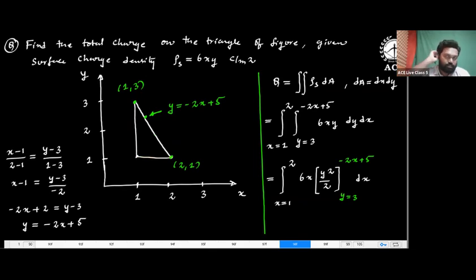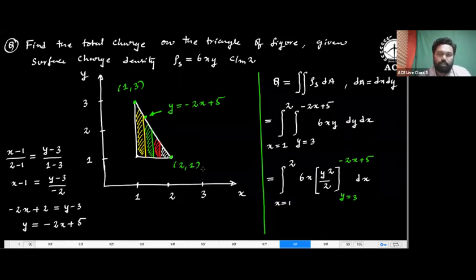So here, I need to consider a small strip here. If I add one more strip here, and one more strip here, that will cover the triangle.